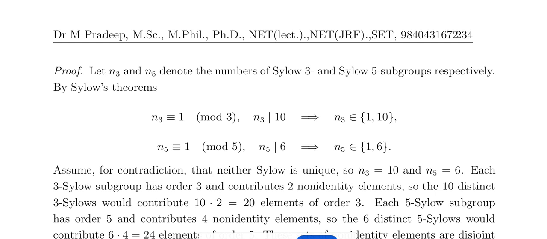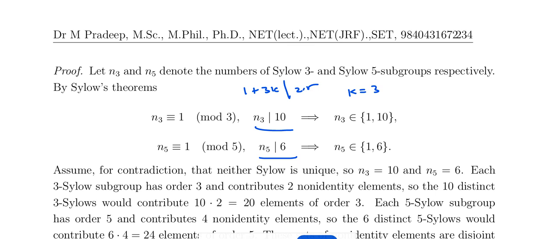This is also n3: 1 plus 3k divides 2 into 5. This is true for k equal to 3 also, 9 plus 1 is 10, that is 2 into 5. So n3 divides 10 and n5 divides 6.